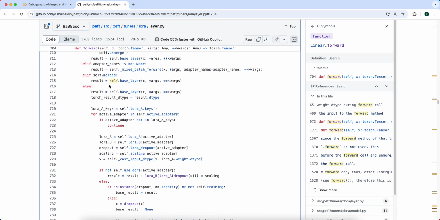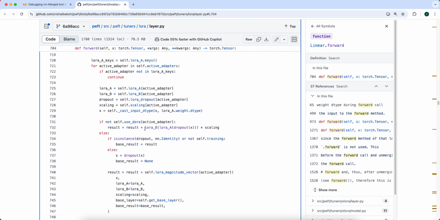Otherwise, if we are using the LoRA adapters, we first grab the outputs of the base layer, that's result, and then we go down here and add to the result the output of our inputs going through the dropout layer, then the LoRA A layer, then the LoRA B layer, multiplied by the scaling factor. In eval mode, the dropout is disabled.